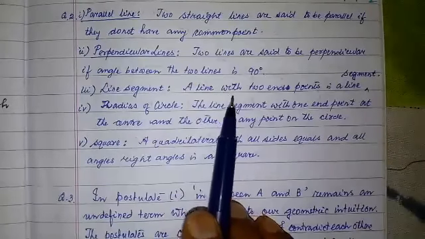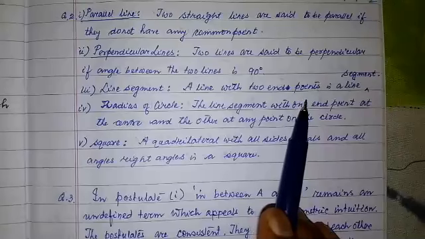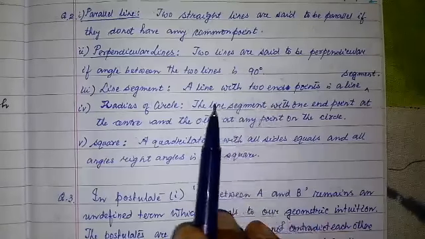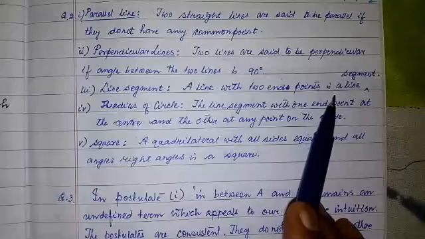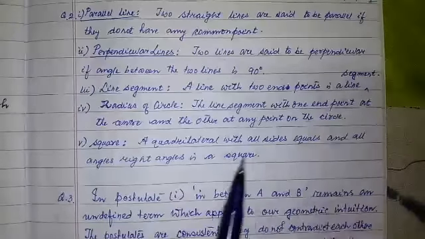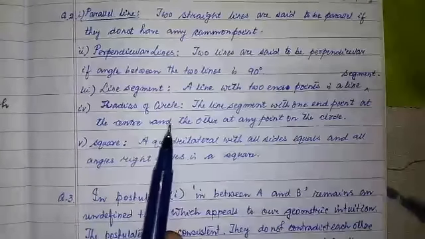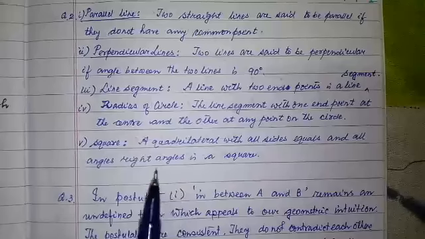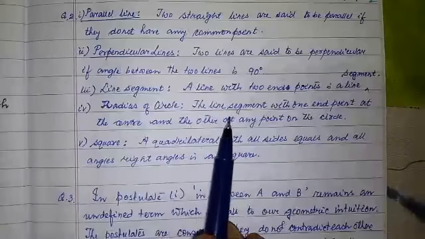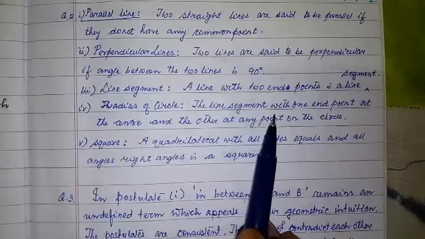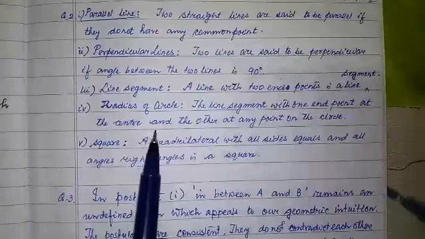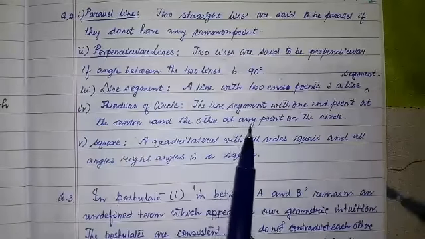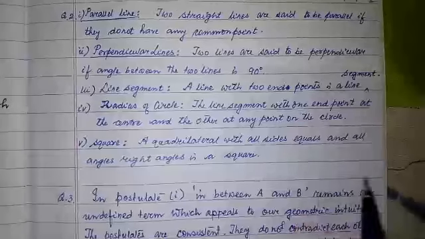A line with two endpoints is a line segment. Now radius of a circle. What is the radius of a circle? The line segment with one endpoint at the center and the other at any point on the circle.